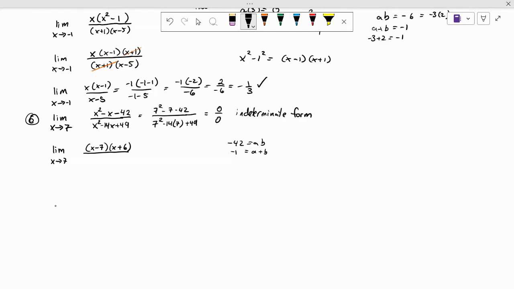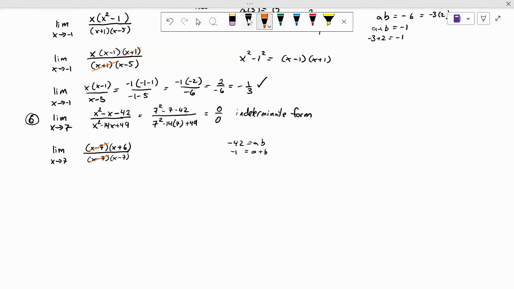And anybody factor the denominator? It would be x minus 7 times x minus 7. Okay, so we do have a cancellation. X minus 7 divided by x minus 7 is 1.